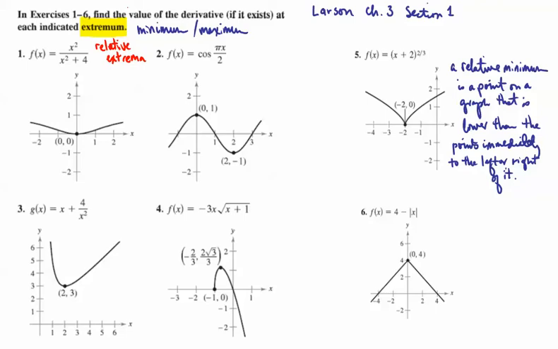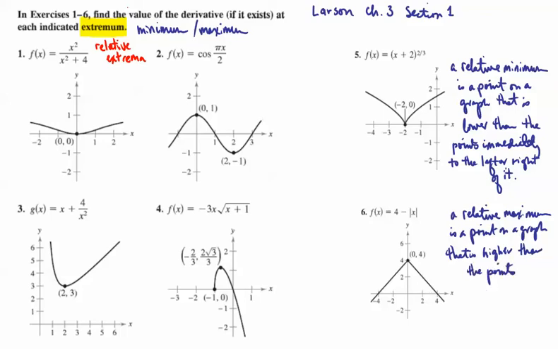And a similar definition holds for a relative maximum. A relative maximum is a point on a graph that is higher than the points immediately to the left or right of it.